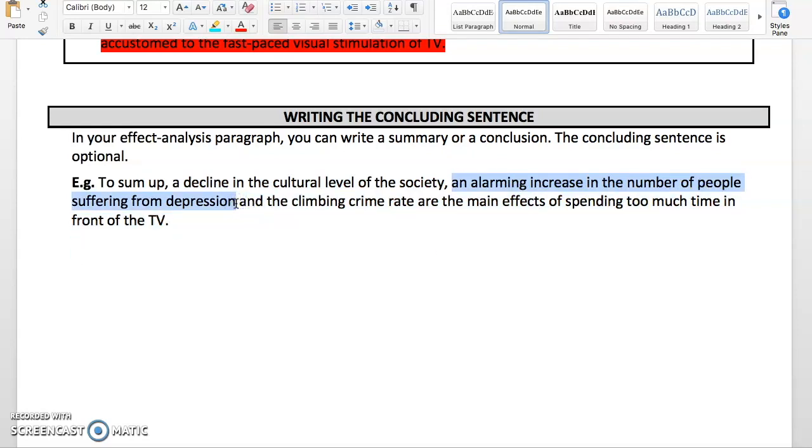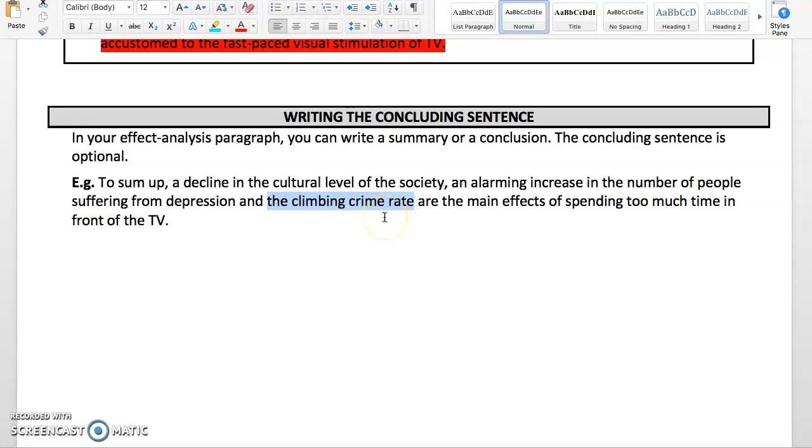Okay, and the third one, when you have one of the majors in your summary, please make sure that you state all the majors. Okay, you cannot mention some of the majors only. If you summarize and want to mention a major, you have to state all the majors. All right.